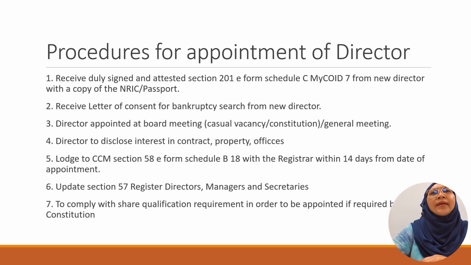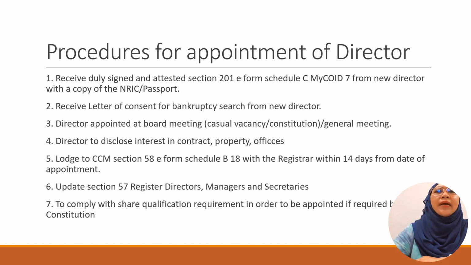Whether it's an additional director or alternate director, the same thing must be done. First you must receive a duly signed and attested section 201, and then receive the letter of consent for bankruptcy search.